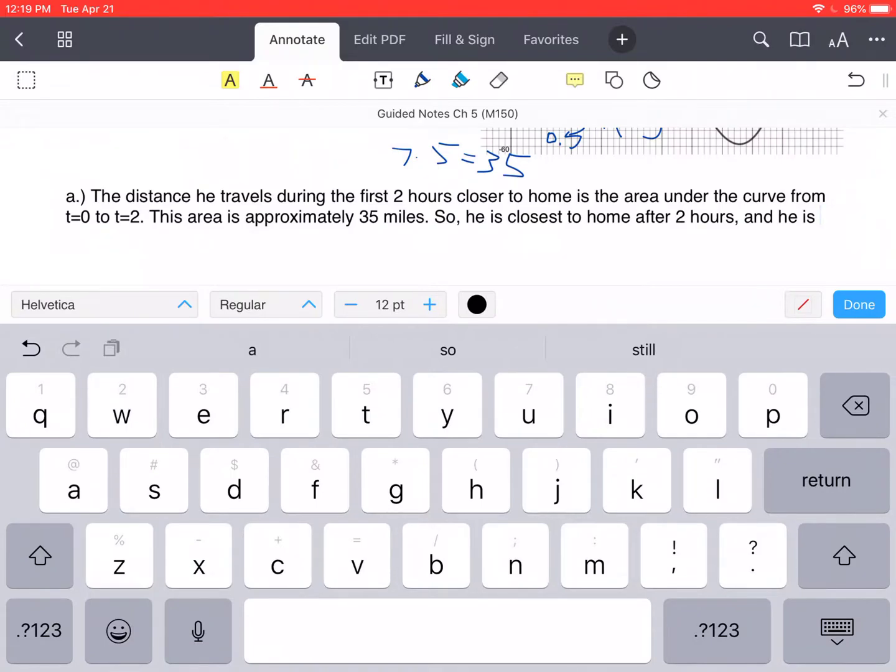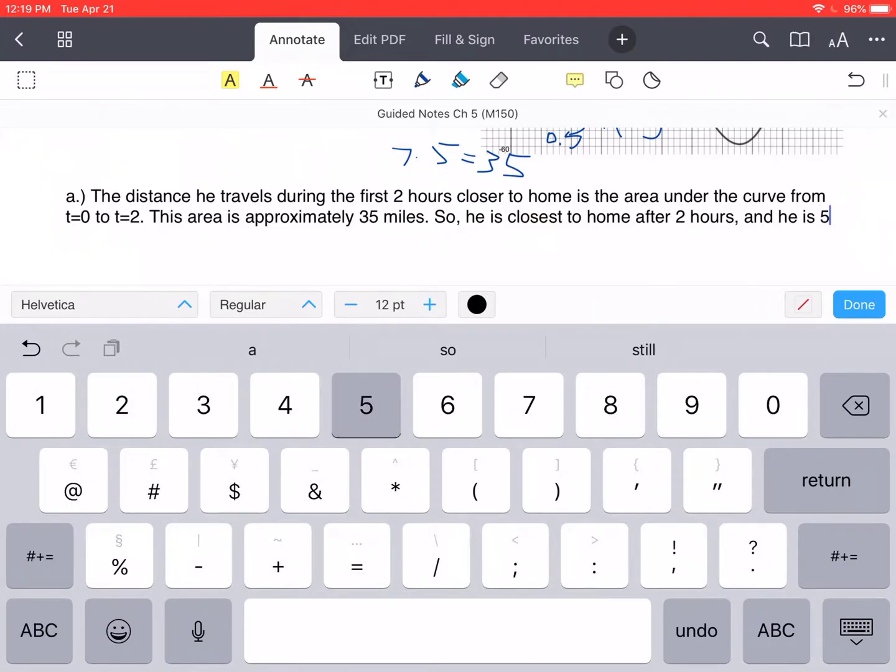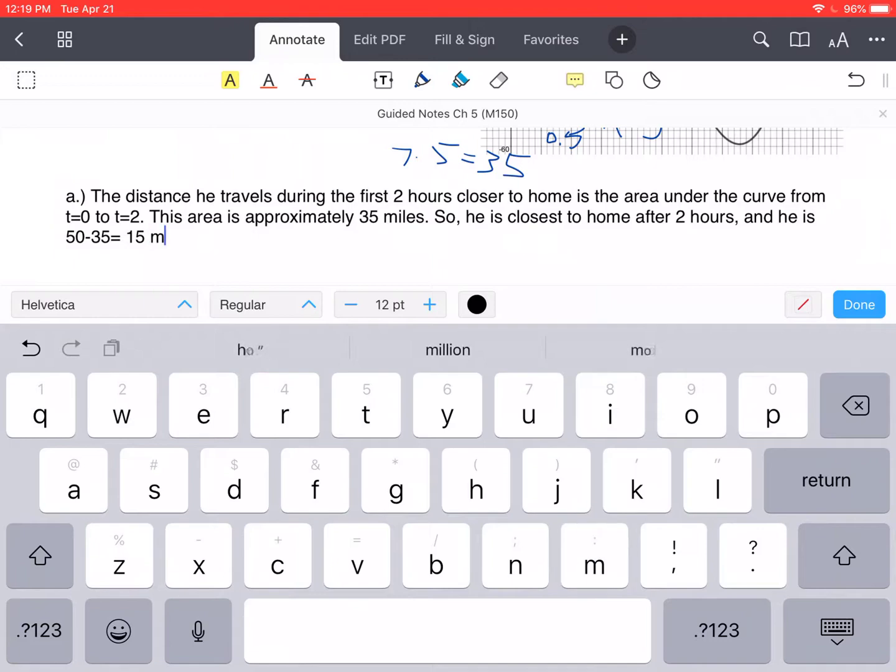How far away was he from home? Go back and look in the problem. He started 50 miles away from his home, and now he's gone 35 miles closer to home. So at this moment, he is 50 minus 35, which is 15 miles from home.